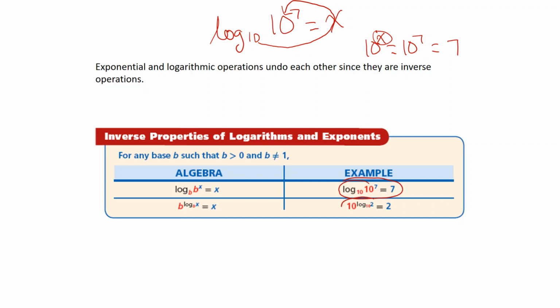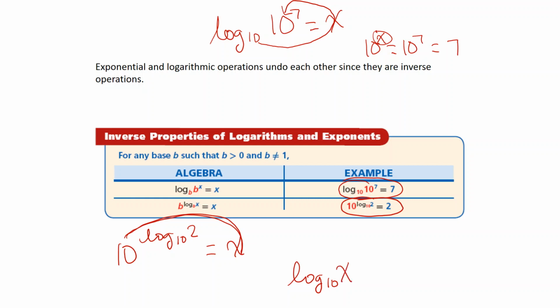Okay, let's take a look at this second one. It says 10 to the log base 10 of 2. Again, I'm going to set this equal to x for a minute, and this time I'm going to use my backward scorpion. So I'm going to say log base 10 of 10 to the log base 10 of 2 is going to equal log base 10 of x, which equals log base 10 of 2.